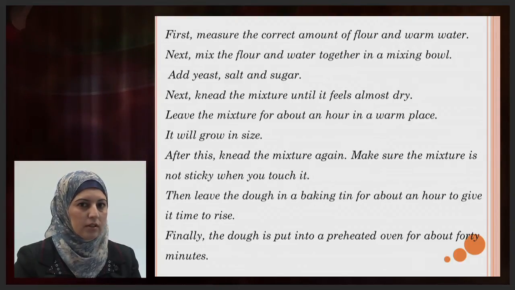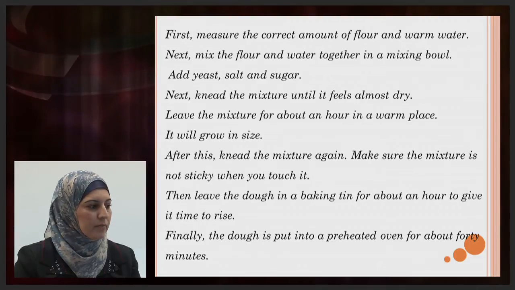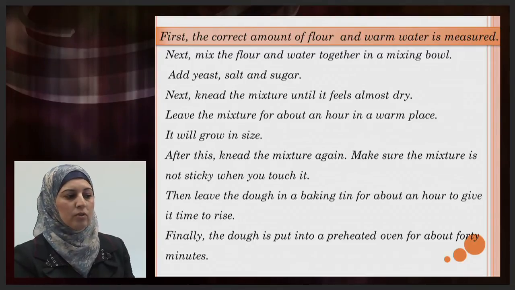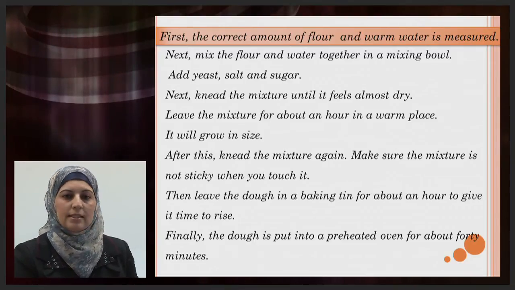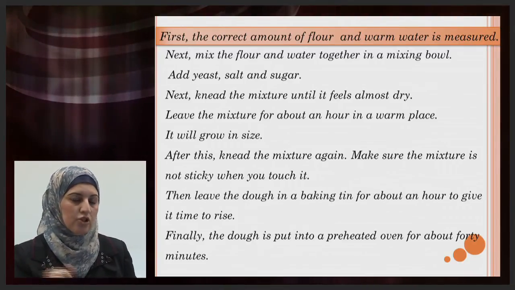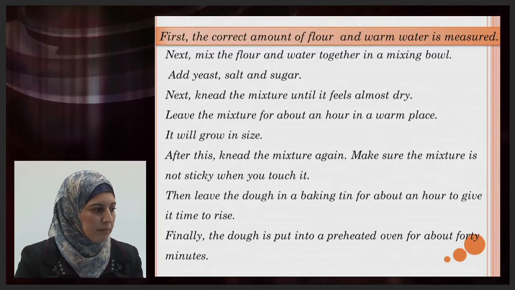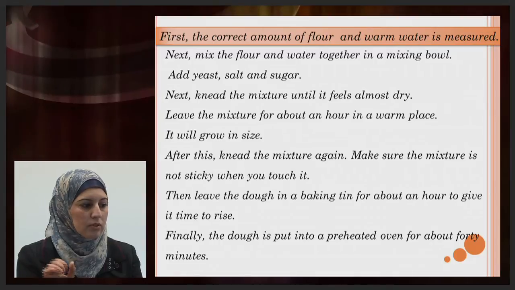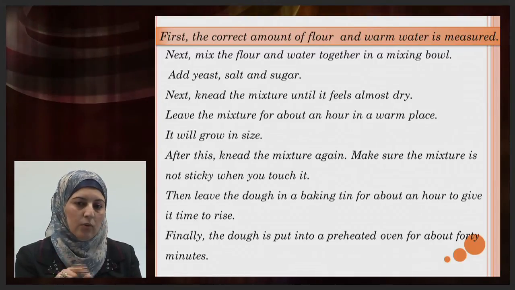Okay? See the answer? First, the correct amount of flour and warm water is measured. Here it is passive. Next, mix the flour and water together in a mixing bowl.